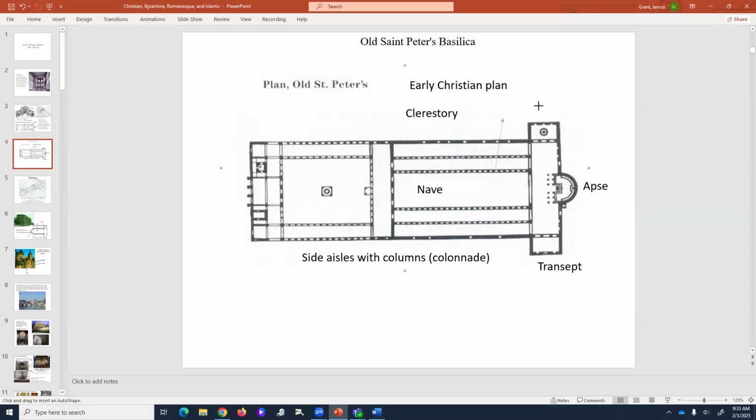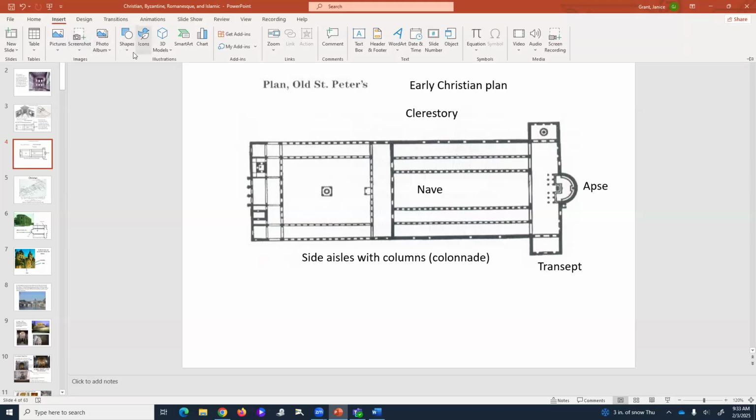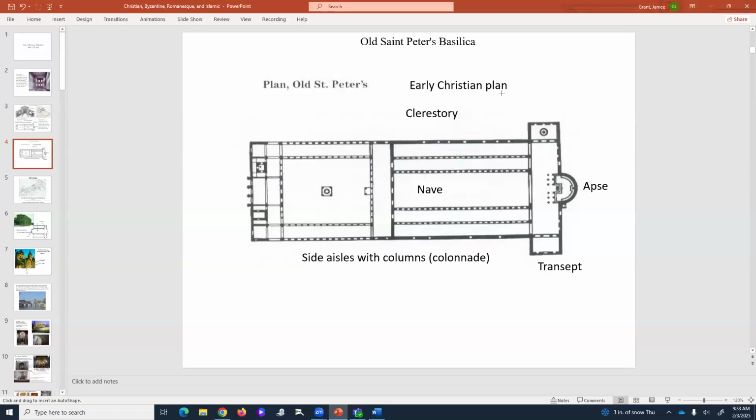It's going to be kind of hard to really show where the clerestory is, but if we make a note here. See, and I just kind of go like that. Let's see how good I am with this tool.